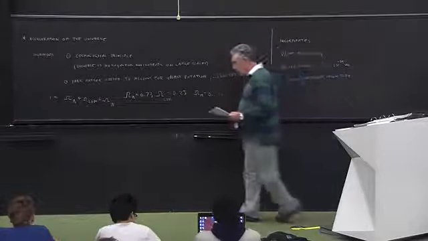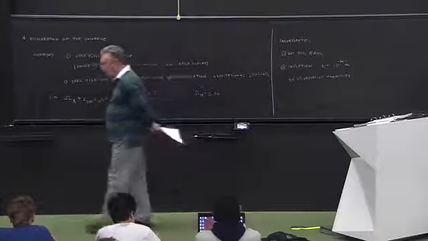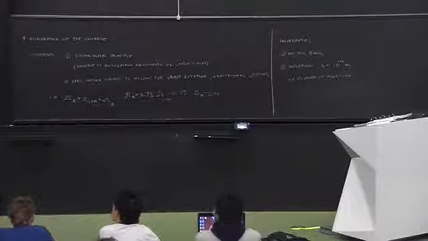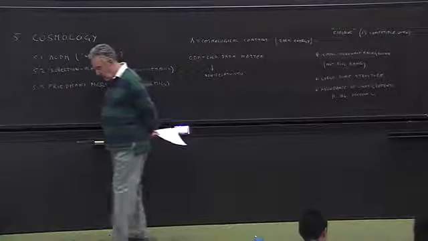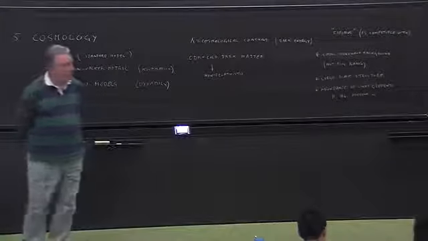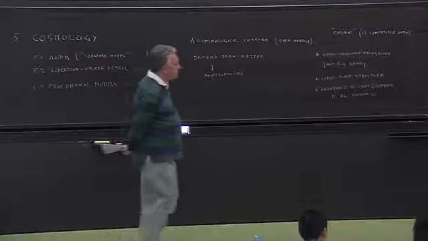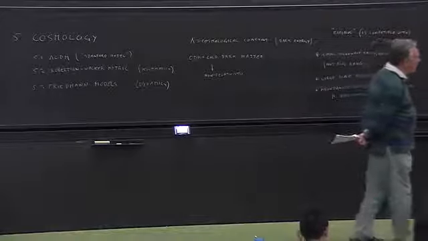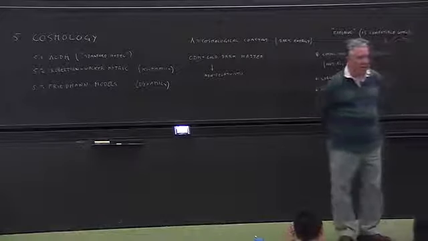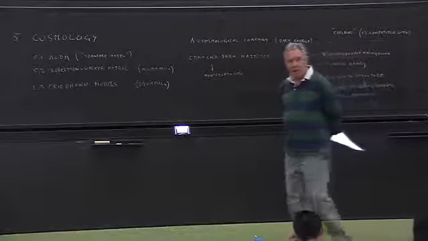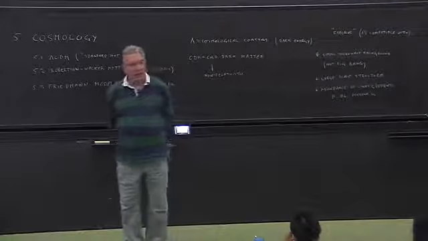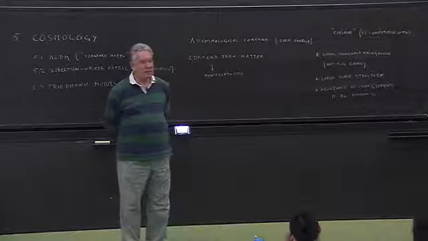Now, why do people like inflation? Well, there are problems in explaining the universe if you don't have inflation, like the horizon problem, the flatness problem. The homogeneity and isotropy of the universe is hard to explain if the parts that are obeying that principle were causally disconnected.